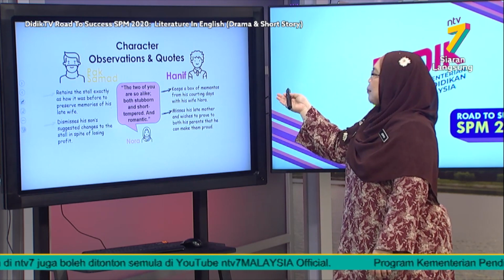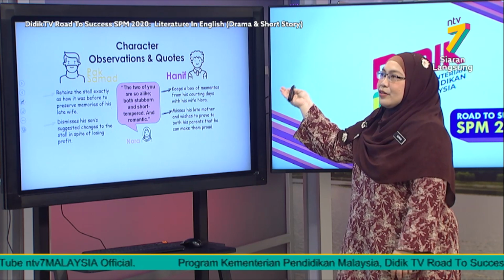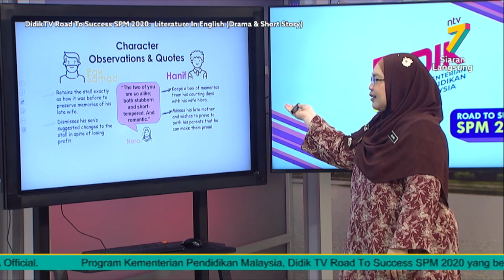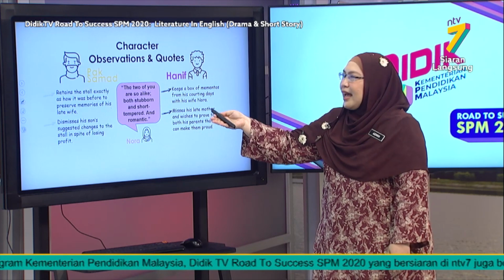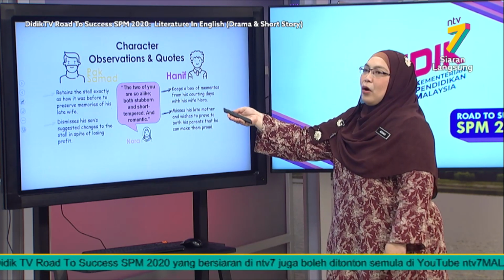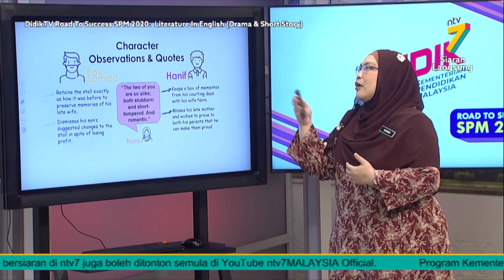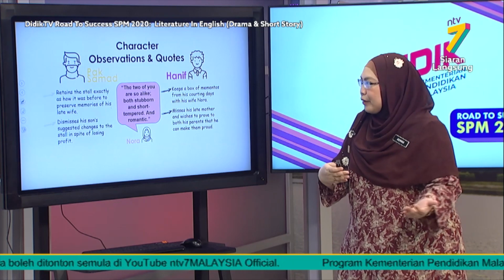Right? He kept a box of mementos from all those earlier days courting his girlfriend then, Nora. And his father, Pak Samad, has all these years retained the stall exactly as how it was before, because that's where his memories are. Precious memories of him and his late wife.